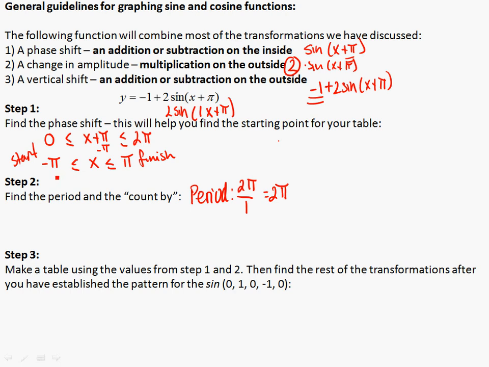Where do you start? Negative pi. So from a negative pi to pi is how many units? Right, it's pi minus a negative pi, which is 2 pi. So the period does come out of that difference again. This is why I picked pi on this one, because that makes it weird. What do you count by? Well, figure it out by multiplying by 1 over 4. We're still counting by pi over 2's.